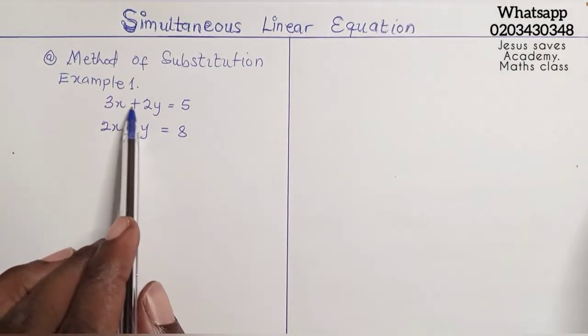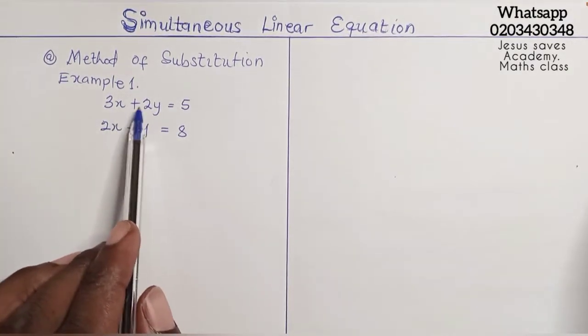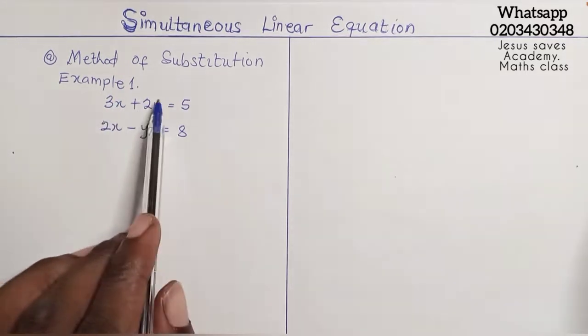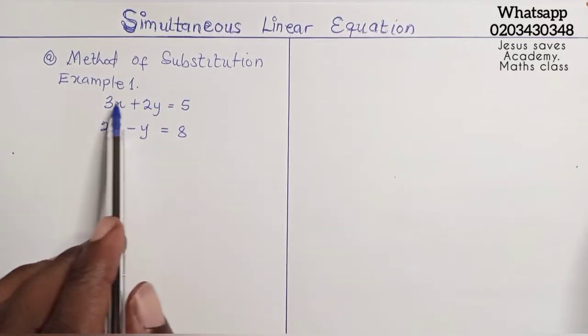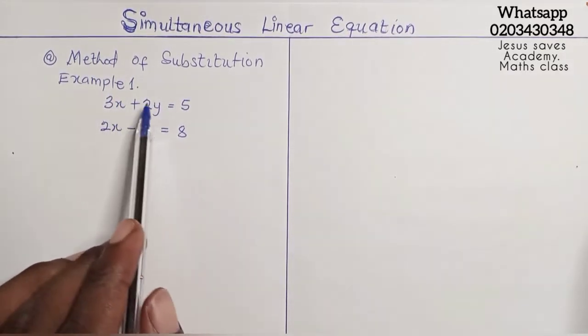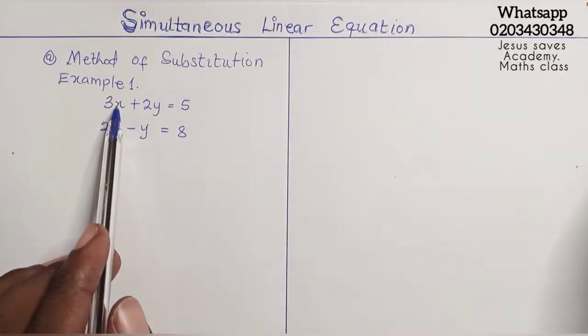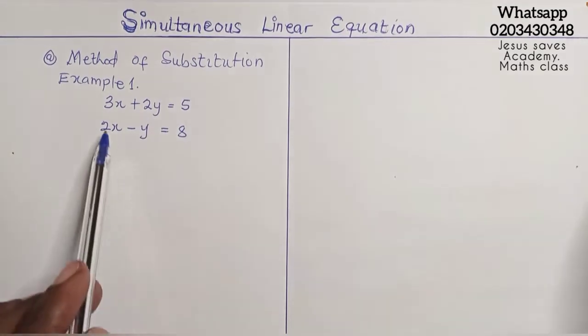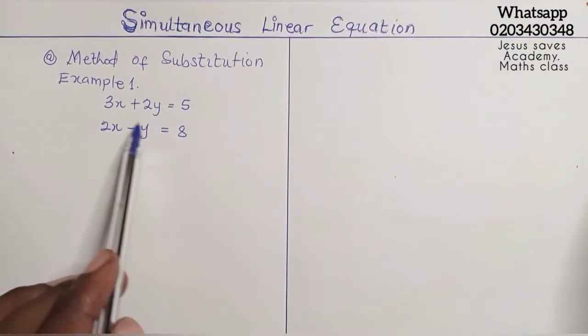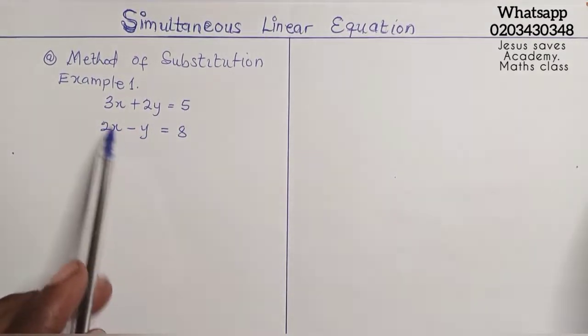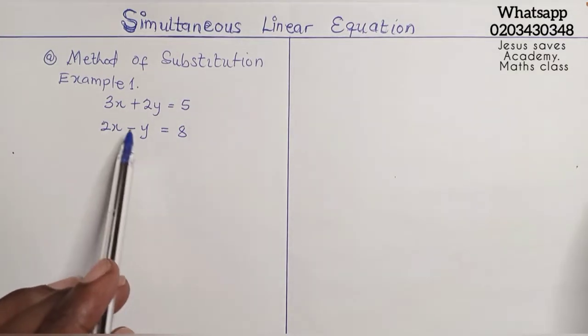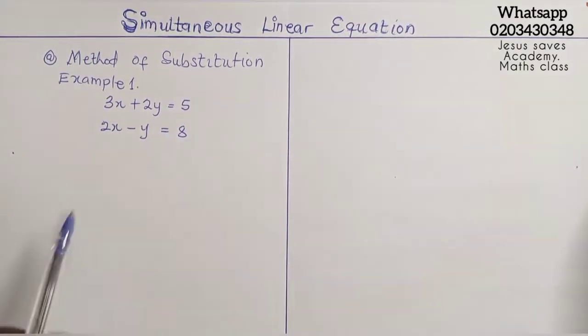You have equations involving two variables without a power more than one. For linear simultaneous equations, the power will be 1 in the first equation and 1 in the second equation. When you are asked to find the values of x and y, this is the solution.